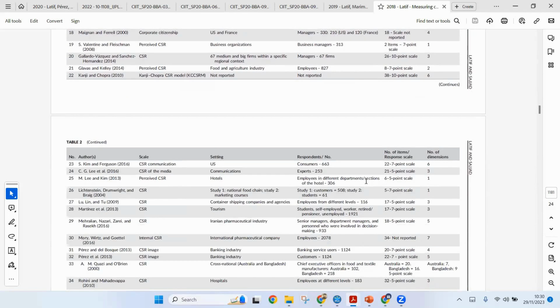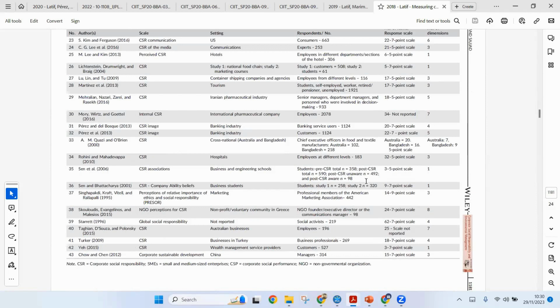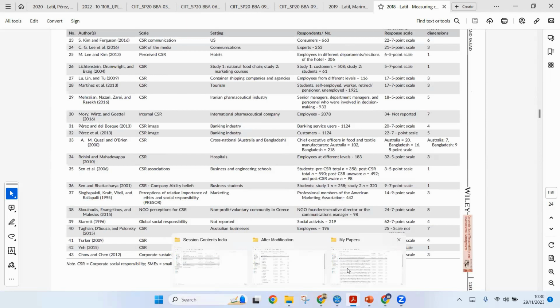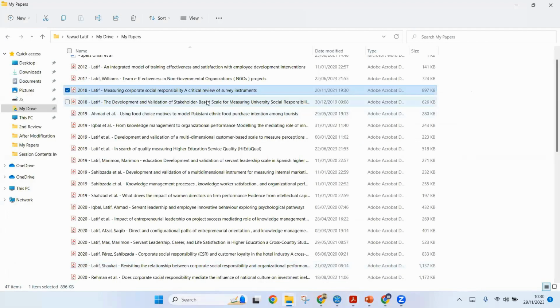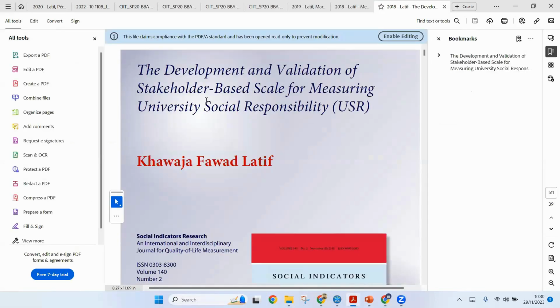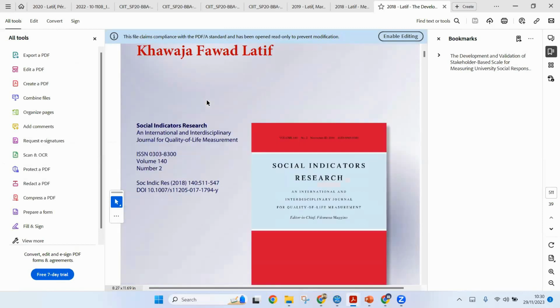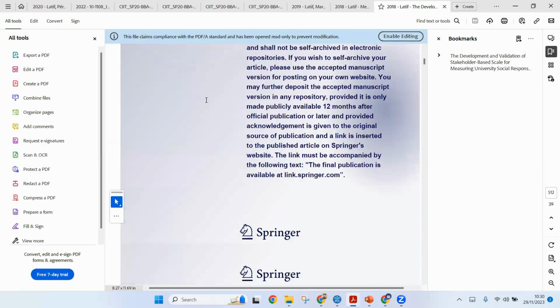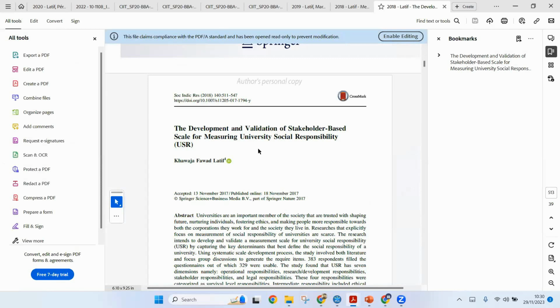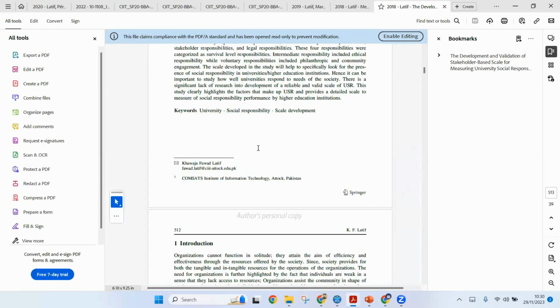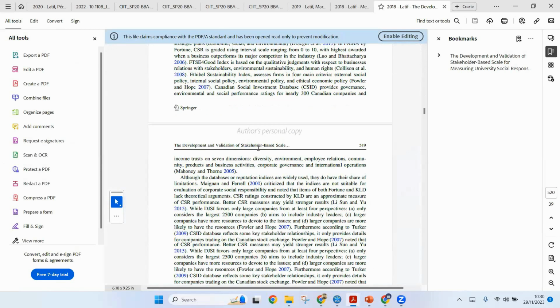Based on these studies, I developed my own CSR scale. This was a university social responsibility scale that I developed way back in 2018, and this scale had these dimensions.